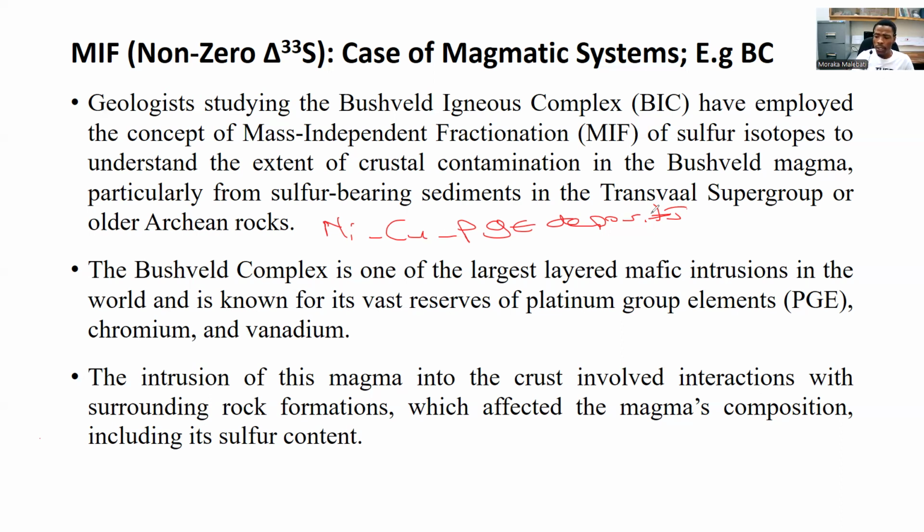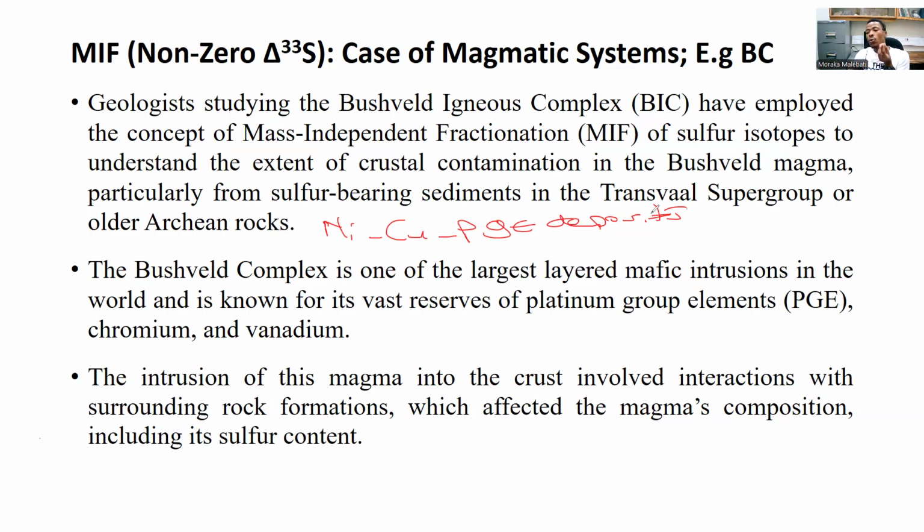So this would always mean non-zero MIF signatures, because we know that MIF signatures are a product of atmospheric processes, and because of that, they cannot be generated by high-temperature events such as metamorphism or hydrothermal alteration.